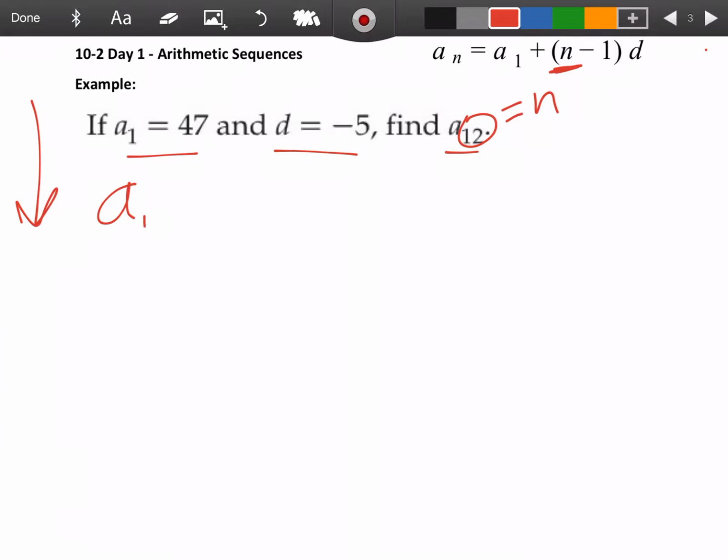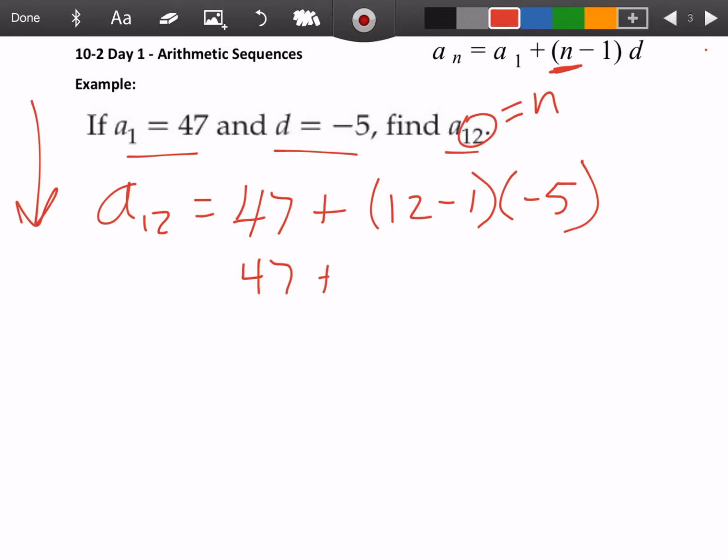So we say a of 12 equals our first term of 47 plus 12 minus 1 times negative 5, which is our common difference. So here we could simplify this, and well, with this being 11, hopefully you don't need a calculator.